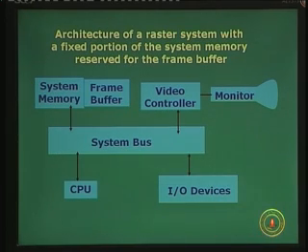Well, as I was talking about, a slightly elaborated architecture of the raster system with a fixed portion of the system memory reserved for the frame buffer. You can say that the system memory and the frame buffer together can be visualized as a single memory module of the system, or you can have a part of the system memory or the RAM identified as the frame buffer, where the CPU or the application program puts the instructions in terms of the display list or display program, which we talked about in the case of random scan.